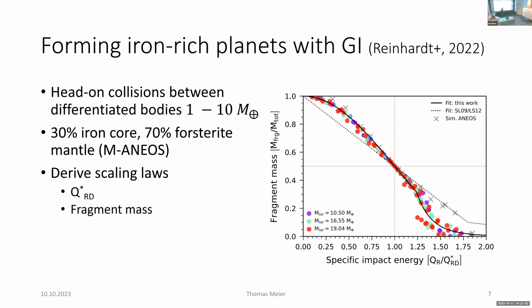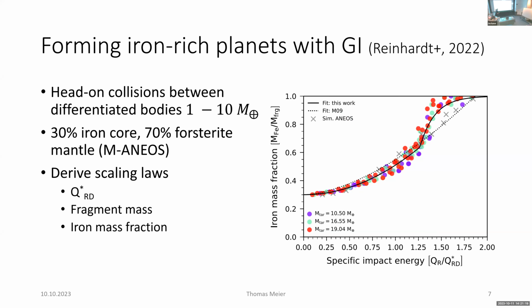Here there's more mass at low specific impact energies, but at some point we rapidly lose mass. And we did the same for the iron mass fraction, which again, in this region is close enough to the literature, but at high specific impact energies, we get again this rapid loss of mantle.